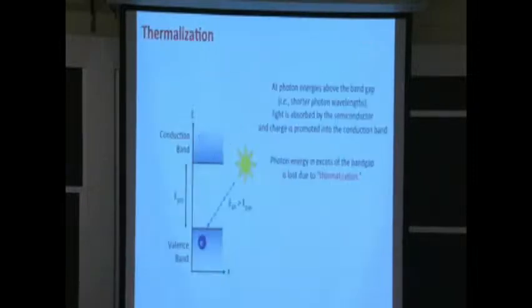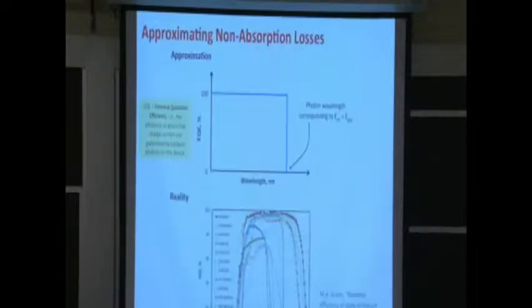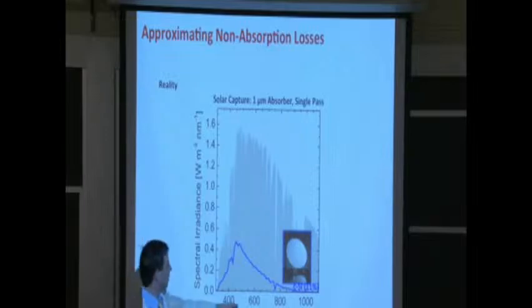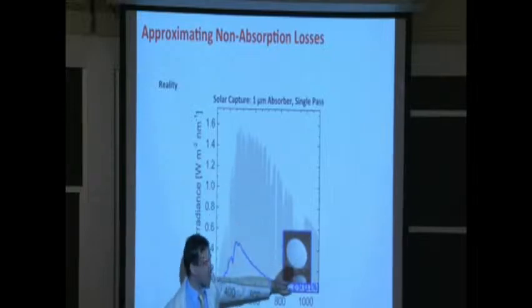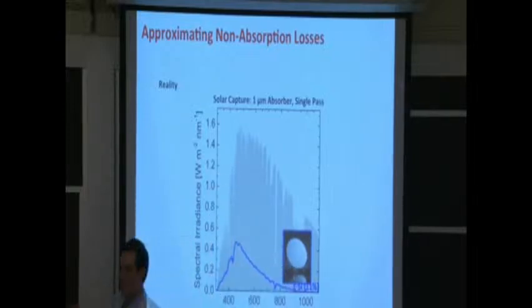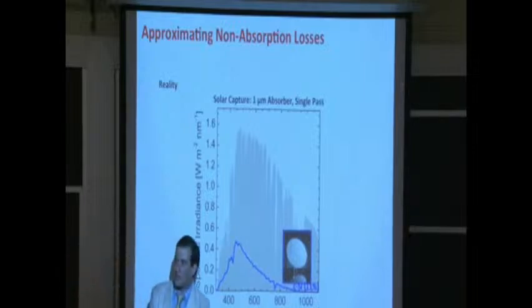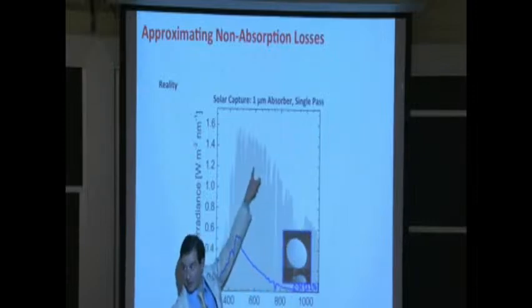Instead of this box plot up here, it might give you a plot that looks something more like this. So instead of just a sharp turn-on, if you had a 1 micron thick silicon wafer, and we calculated last class that we needed somewhere around 10 microns or 100 microns to absorb light well, if we reduce the thickness of the wafer to 1/10 or 1/100th of what's necessary to absorb light well, we don't see that sharp turn-on at the bandgap.